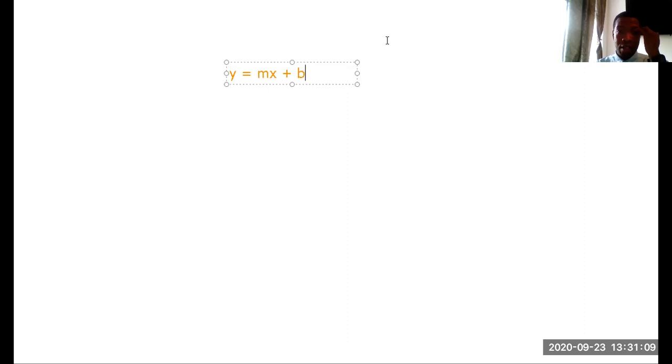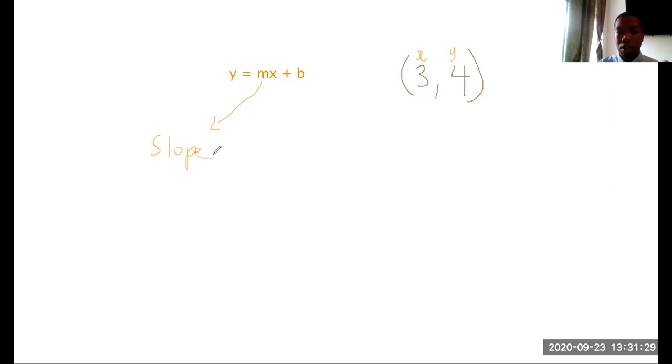And we'll say the points on the graph are 3 and 4. So we already know that the 3 is the x value and the 4 is the y value. Now, if I'm going to identify this right here as a slope, and then the b represents the y-intercept.